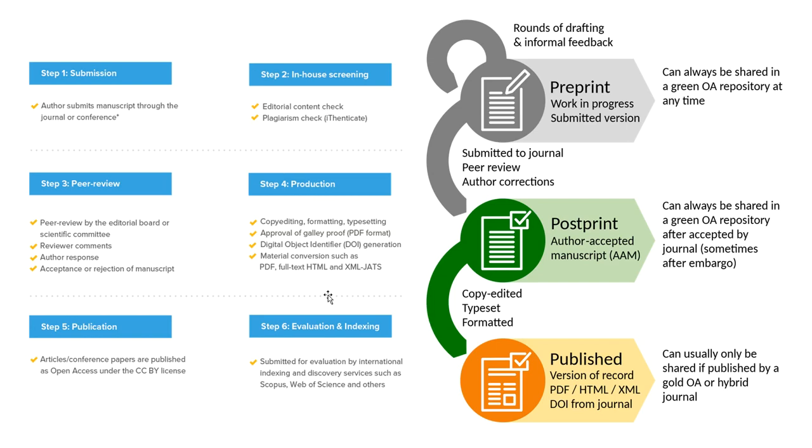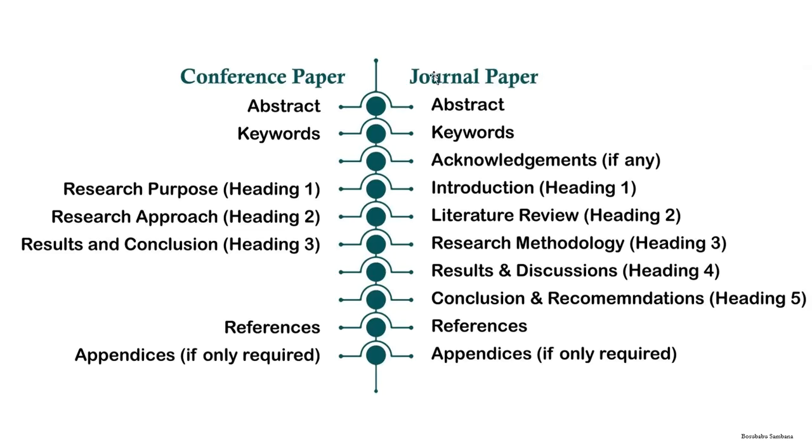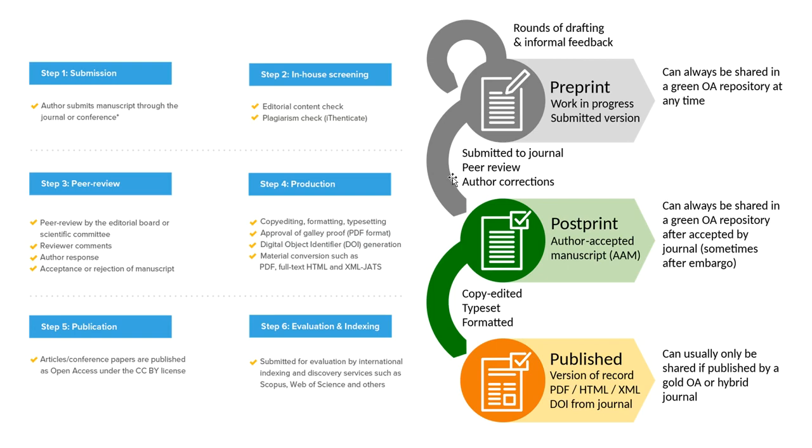Later, if you want to publish your article in a journal, your paper must follow this kind of flow. The editorial team checks plagiarism, sentence formation, grammatical errors, and many things. Later they assign peer review.